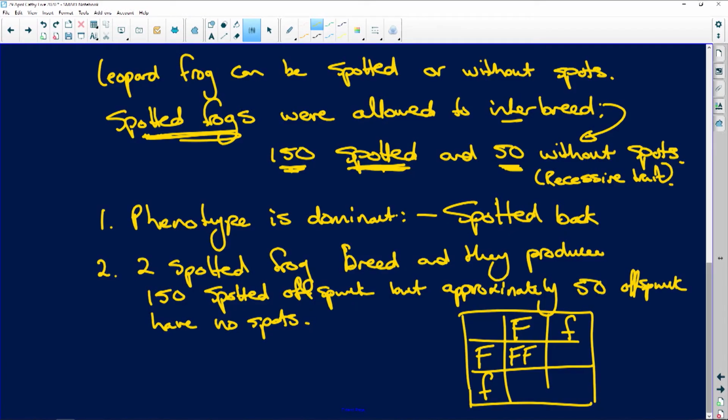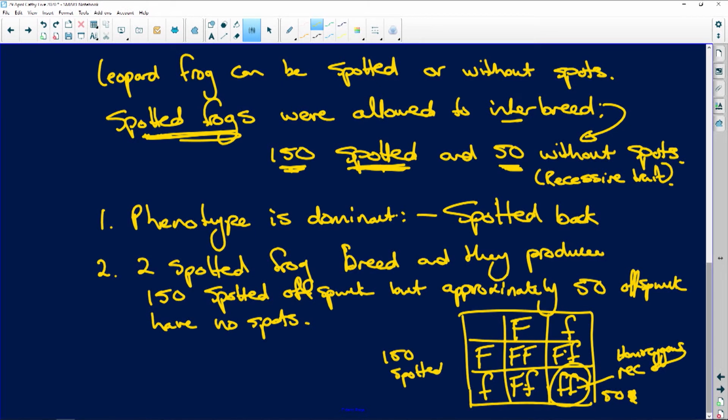Okay, so here we've got spotted, spotted, spotted, not spotted. That is your recessive, and it has to be homozygous recessive for that trait to come through here. That is 50, 50, and here 50, 50, 50 gives you 150 that are spotted.